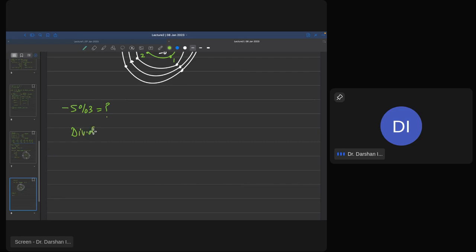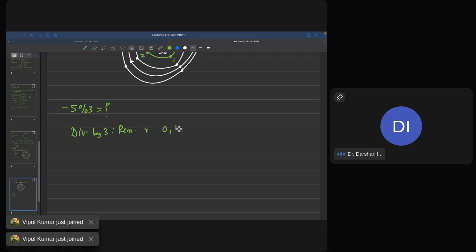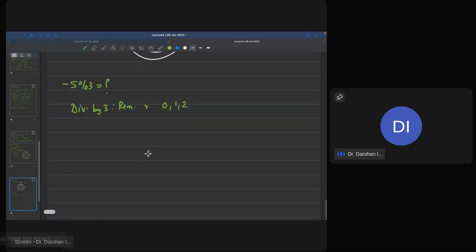When I divide by 3, my remainders are 0, 1 and 2. Look at this. This is different because the number is not positive.